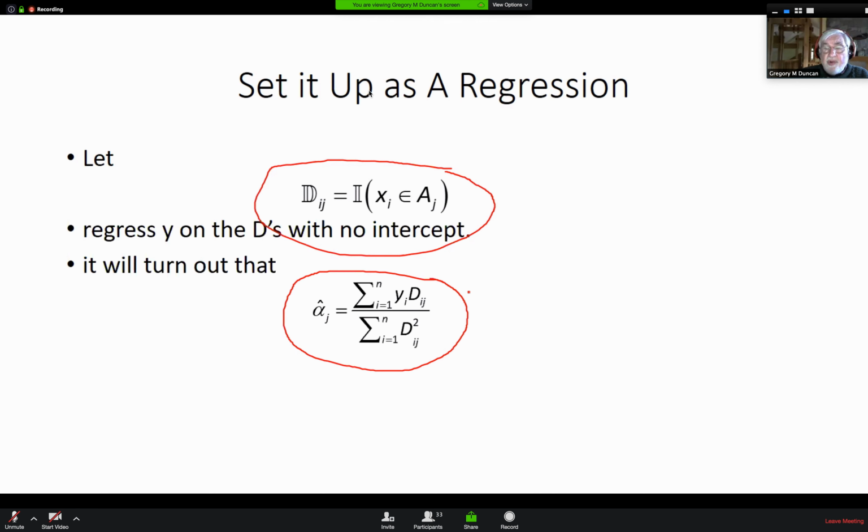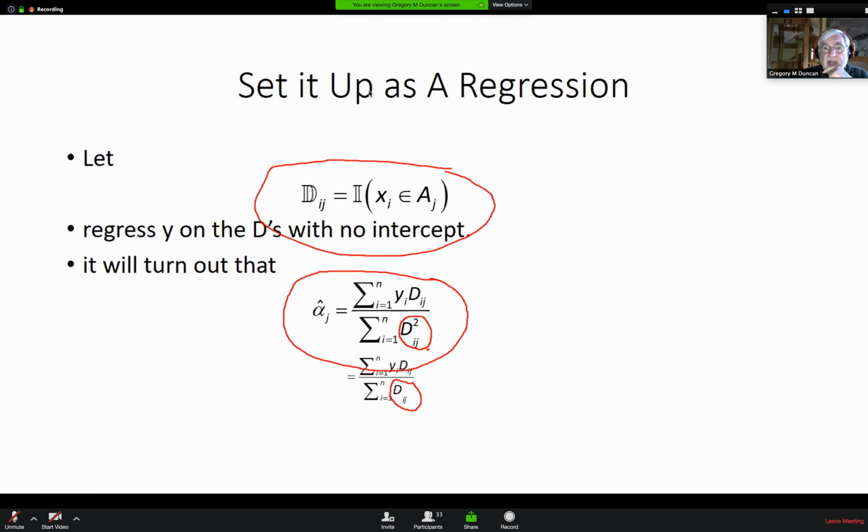I'm not going to have you derive this, but I want you to see how it happened. Turns out, this is important. Dij, what values can D take? 1 or 0. Those are the only values that D can take. Okay, so what's D squared?